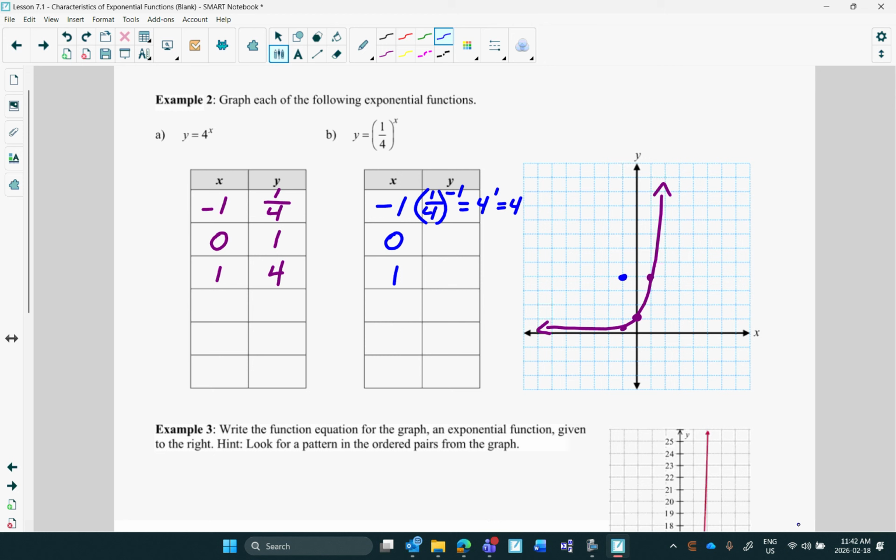So it's there. 1/4 to the 0 is still 1. And 1/4 to the 1 is 1/4. So notice, what's the relationship between them? They are a horizontal flip or reflection, right? One is a horizontal reflection of the other.